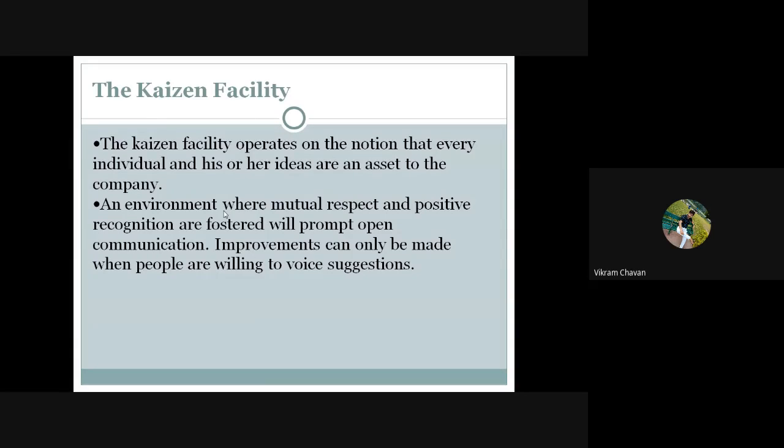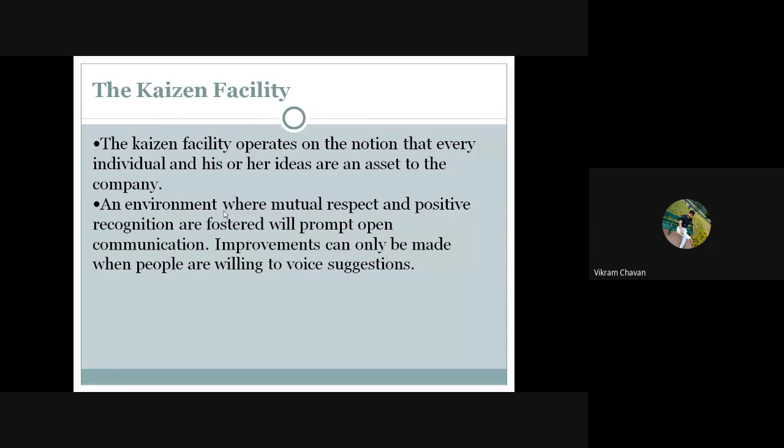Most important philosophy related to Kaizen. Full stop.